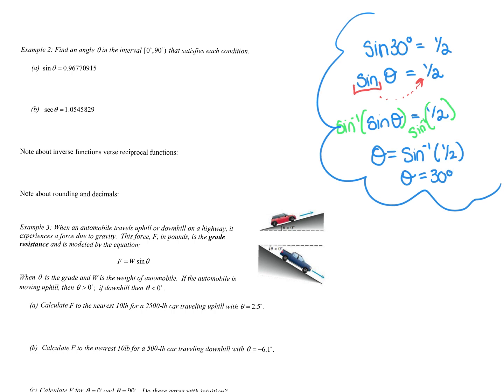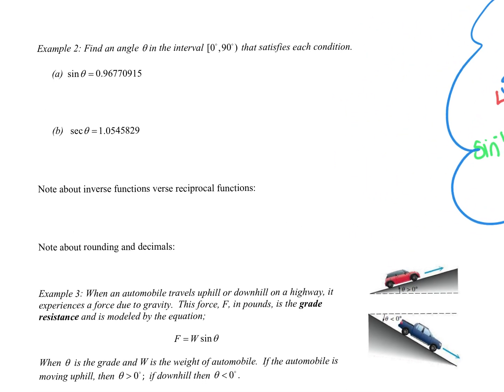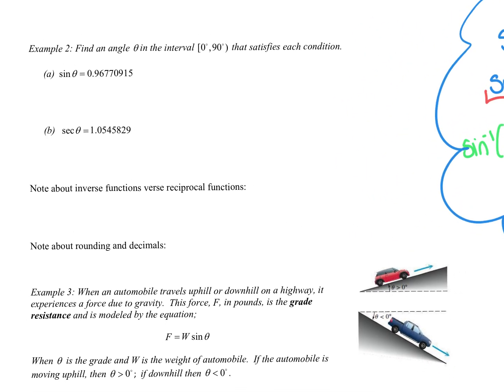So we're going to use this, and we're going to do example 2. The question is asking us sine of theta equals this decimal. What is the theta? And they want the answer in this restriction. So to undo this sine, we do the arc sine on both sides. That gets us that theta equals arc sine of 0.967700915.